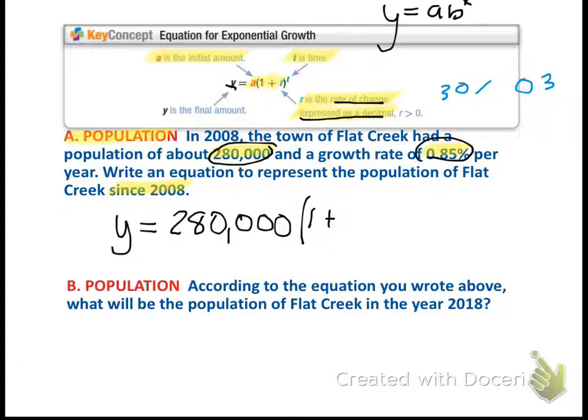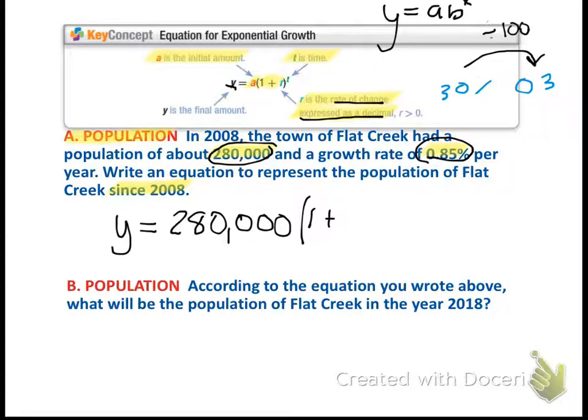So this is a percent. How do you make a percent a decimal? Well, looking at this example, we are dividing by 100. Okay?